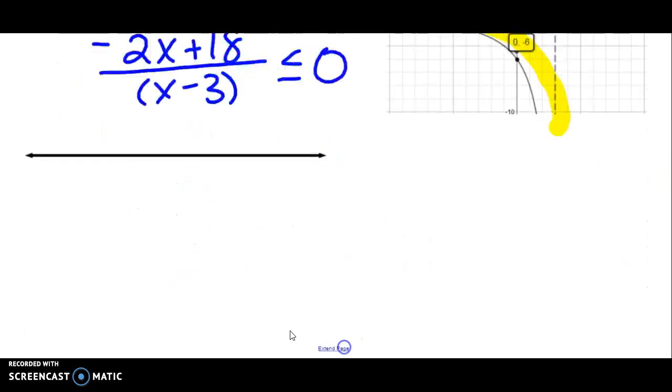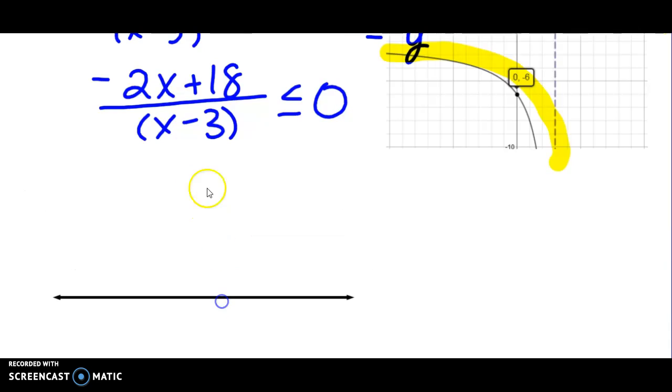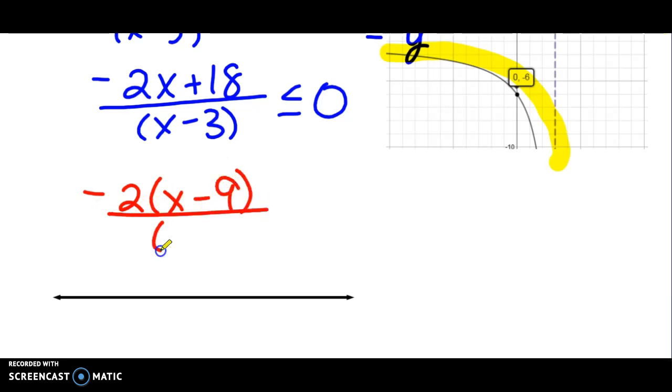So we want to know what the x-intercepts are using the algebraic function here. If the numerator has a common factor of negative 2, we can factor out a negative 2, and we have negative 2 times x minus 9 over x minus 3.